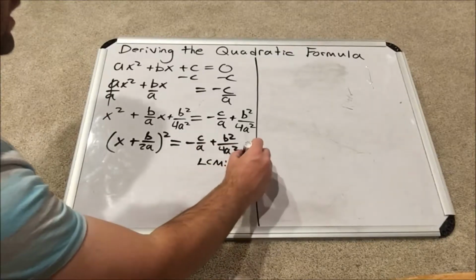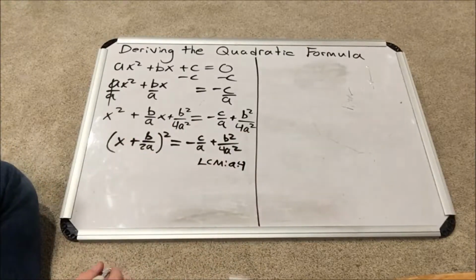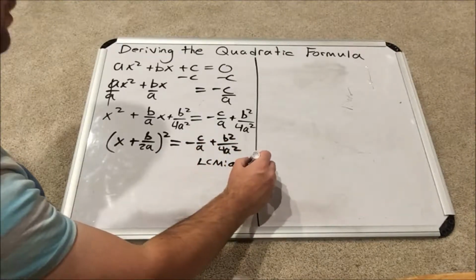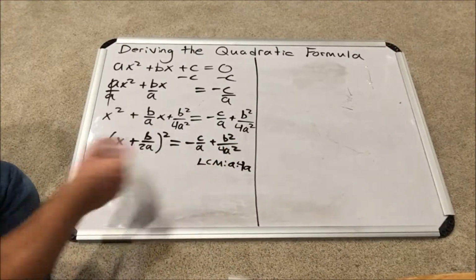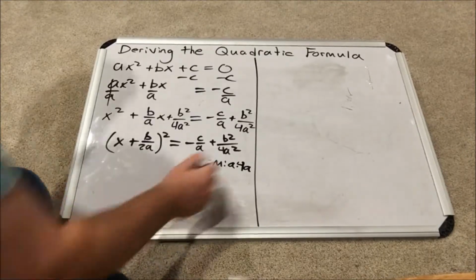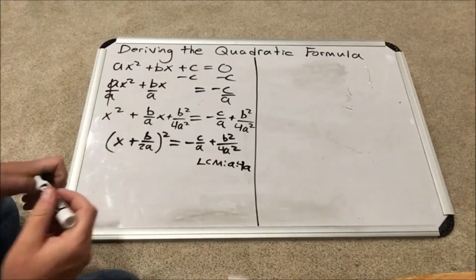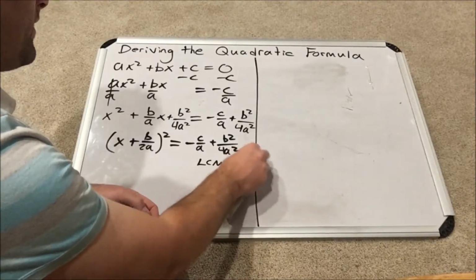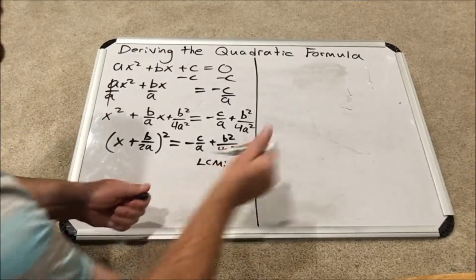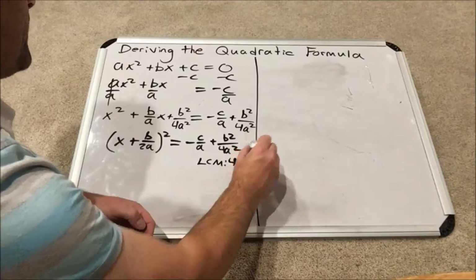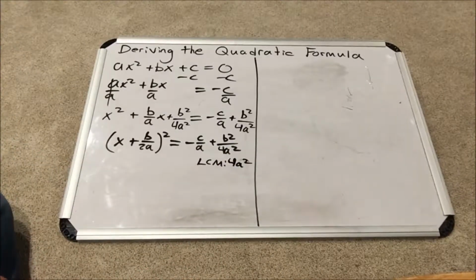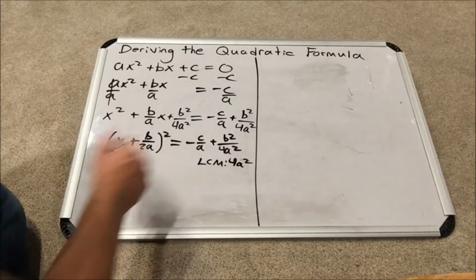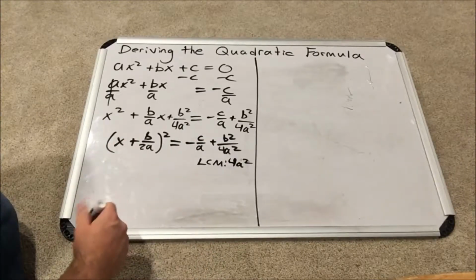The 4 is unique to just this denominator, and another a is also unique to this denominator. The other one has no unique factors. All those together, if you multiply the a's together, give you 4a squared. 4a squared is the denominator we want. Now that's just the same as the denominator of the second fraction. It just happened to work out that way.